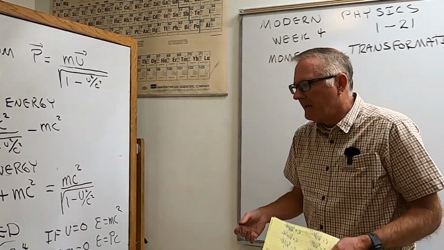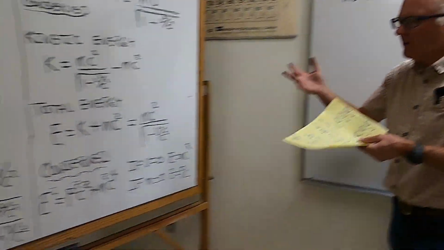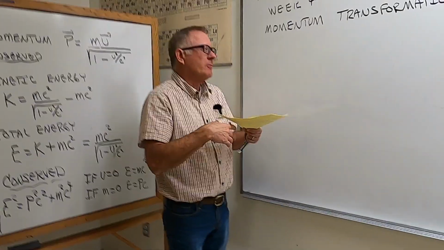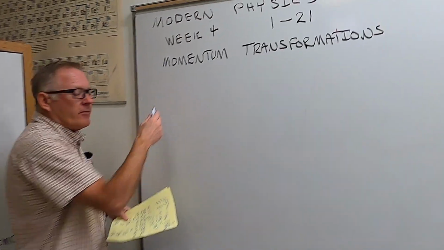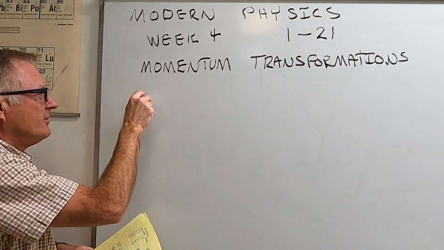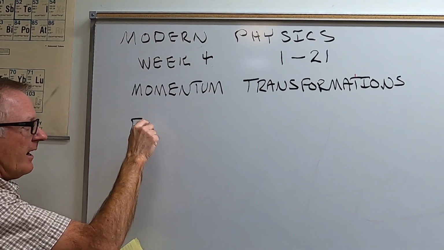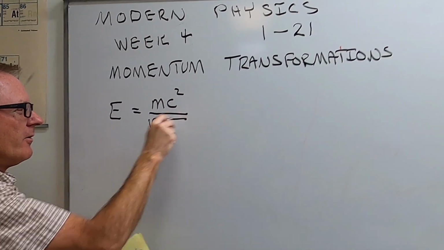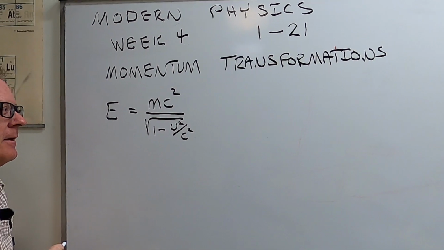And that's what I wanted to go through here today: what are the transformations from momentum and energy in, say, Frank's frame to momentum and energy in Mary's frame. So just to remind you, I'll just rewrite this one right here. The total energy in Frank's frame, let's say, is mc squared all over the square root of 1 minus u squared over c squared.